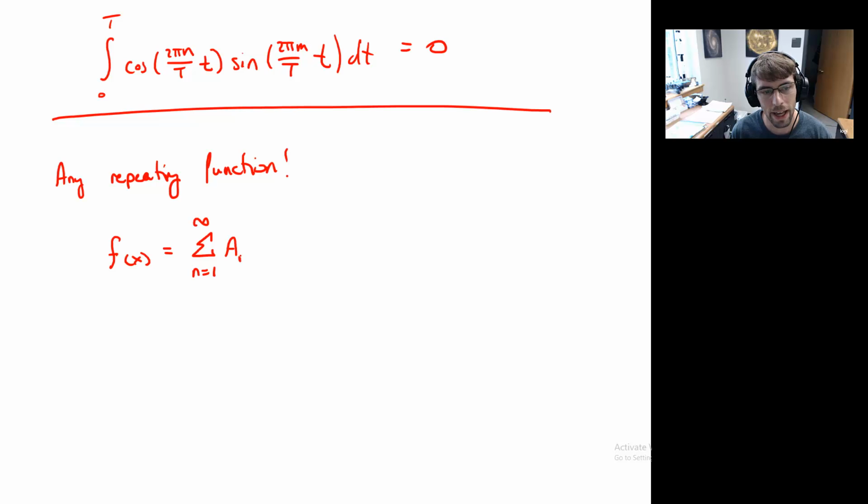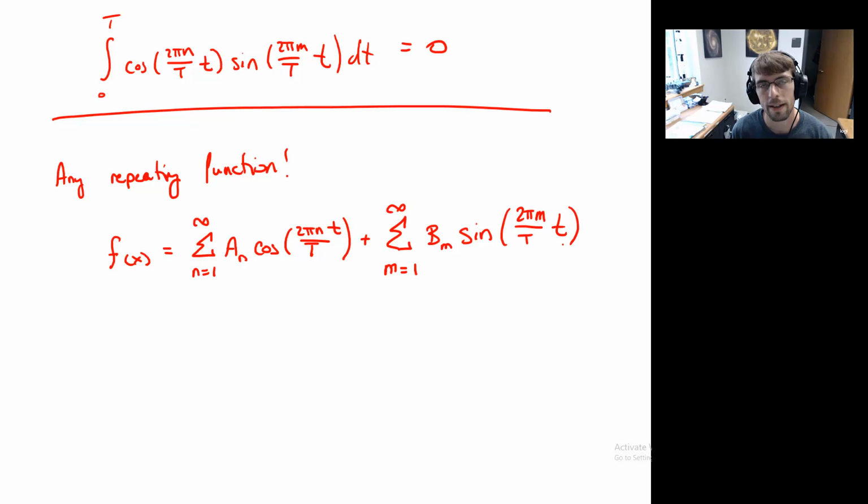I'll put a cosine of 2 pi n t over big T. I'll set this one equal. This is different, they don't necessarily have to be the same number, so I'll put m.